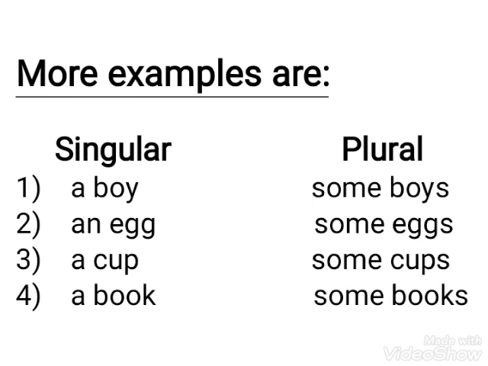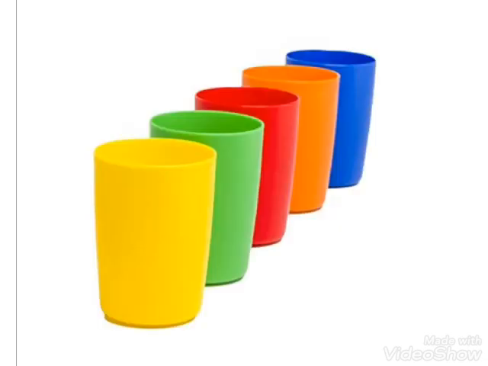We add s to it to make it cups, which is some cups. Okay? All of us have more than one cup in our mommy's kitchen or on the dining table. How do you know the cups are more than one? It is because it can be counted. We know the cup is more than one because it can be counted.